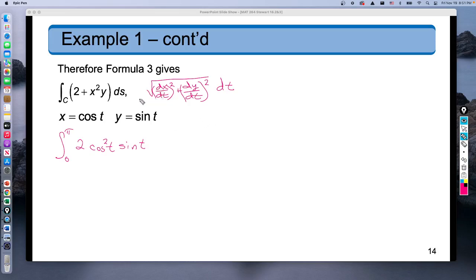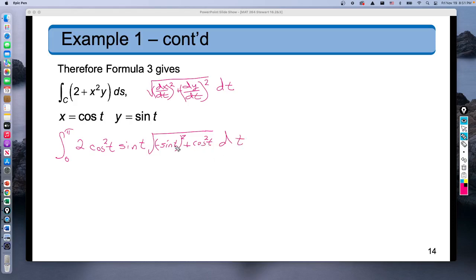So what is dx/dt? We take this derivative, the derivative of x gives us negative sine t, and that's all squared, so it'll be positive sine squared t, plus the derivative of y, which is cosine t, and that's going to be squared, and then we've got dt.